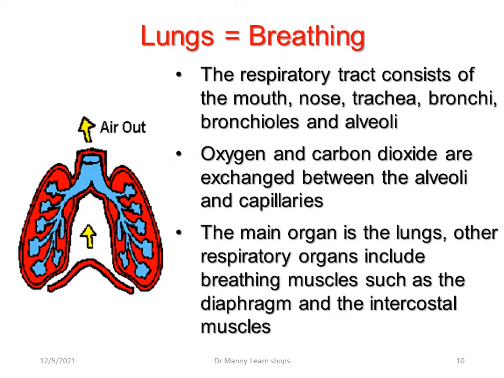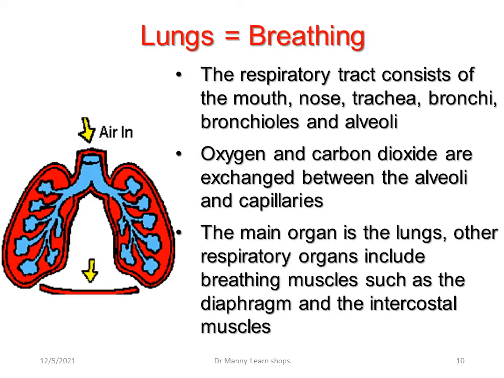Now, when we look at the lungs, the respiratory tract consists of the mouth, nose, trachea, bronchi, bronchioles, and alveoli. Their main function is oxygen and carbon dioxide exchange between alveoli and capillaries. The main organ is the lungs. Other respiratory organs, however, do include the diaphragm and the intercostal muscles.